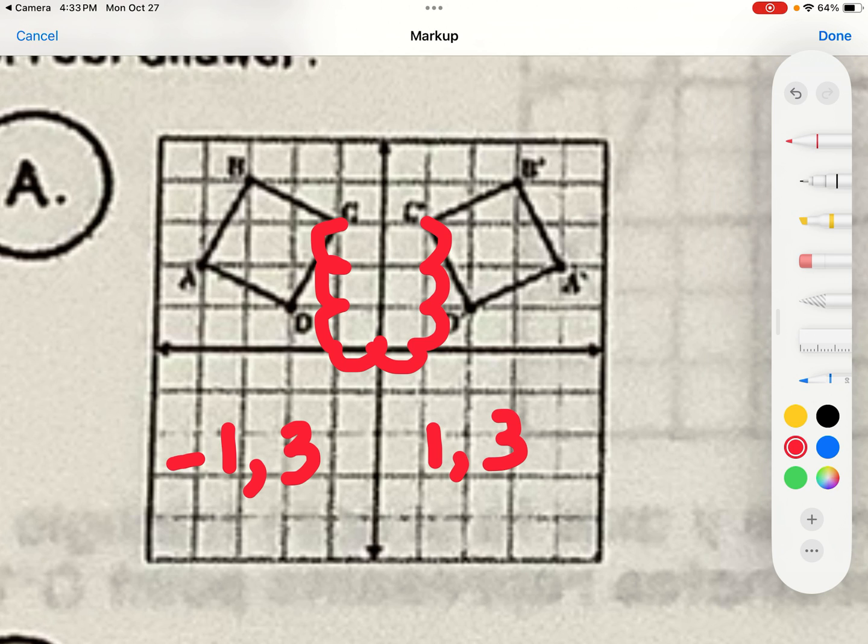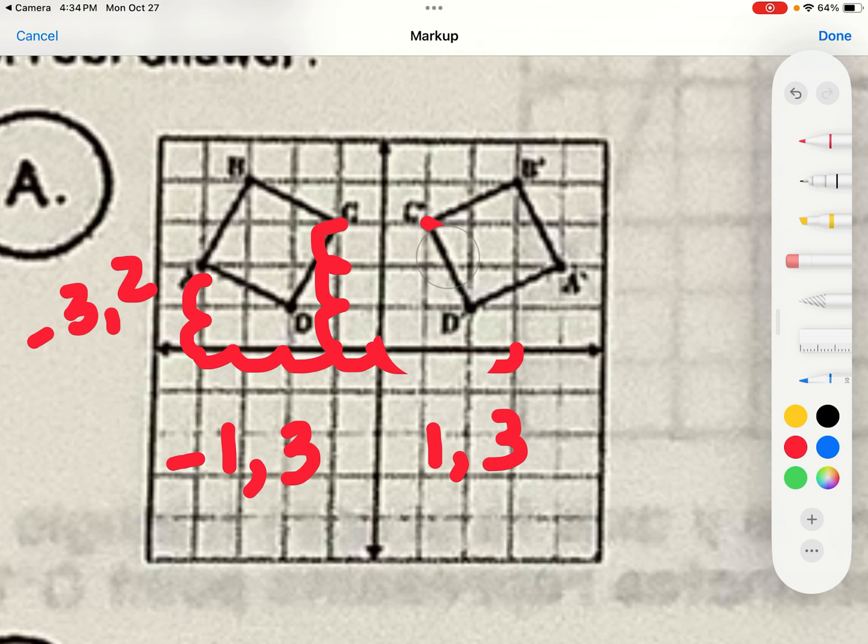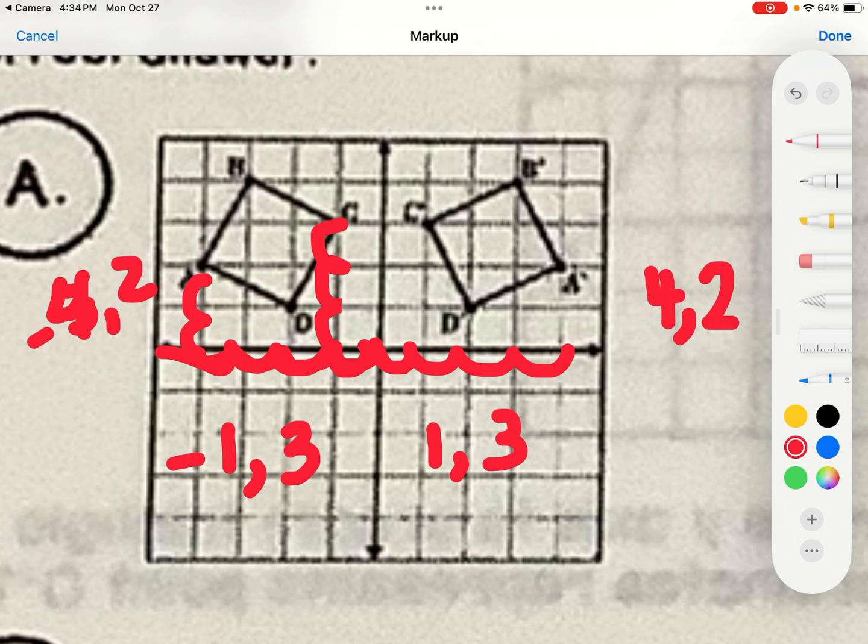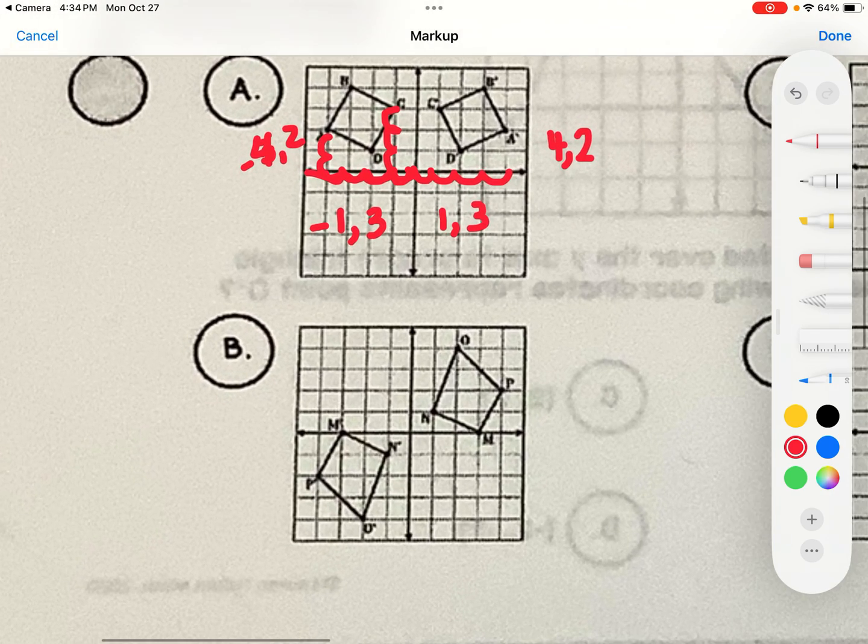If I look at A, I'm looking at 1, 2, 3, so -3, +2. 1, 2, 3, 1, 2, 3, 4. Did I count that wrong? I did, I counted that wrong. 4, 2. Okay, so this is a great example of reflecting across the y-axis.